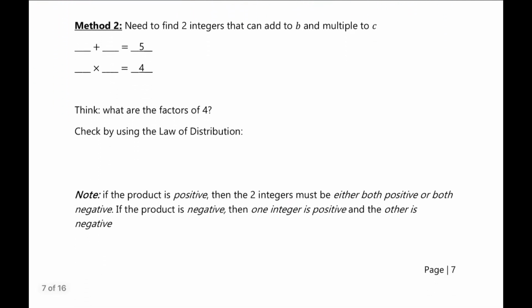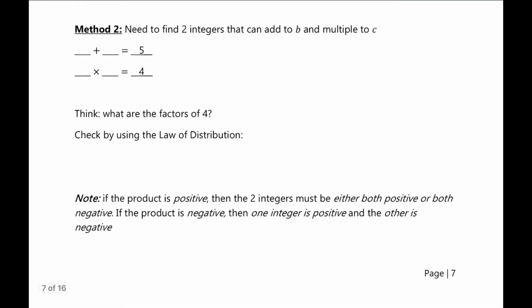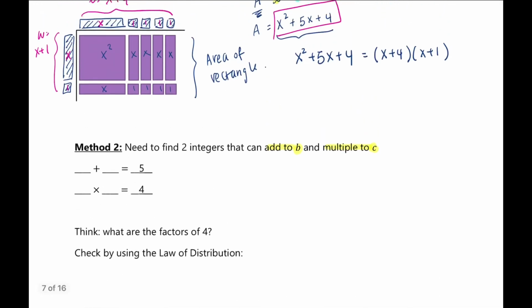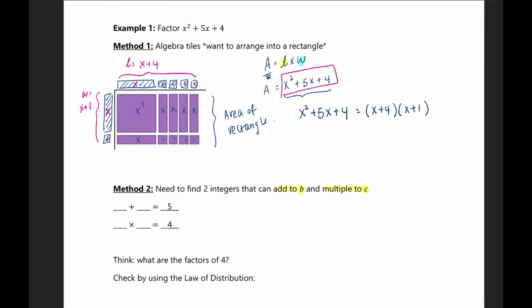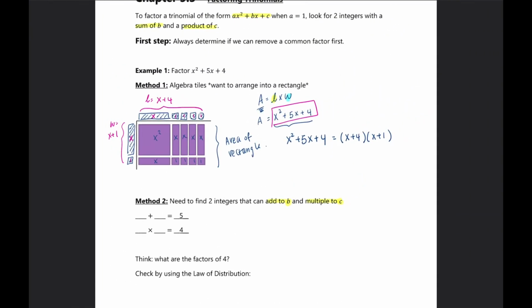Let's take a look at method number 2. We need to find two integers that can add to b and multiply to c. So let's take a look at what that b and c represent. I talked about how in order for us to factor a trinomial in that form, where a equals 1, we need to look for two integers with the sum of b and product of c.